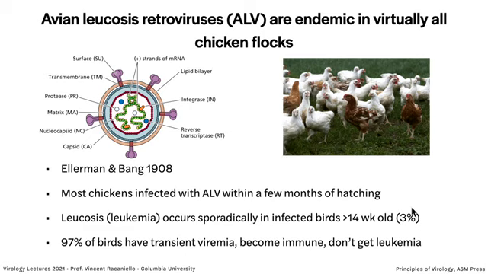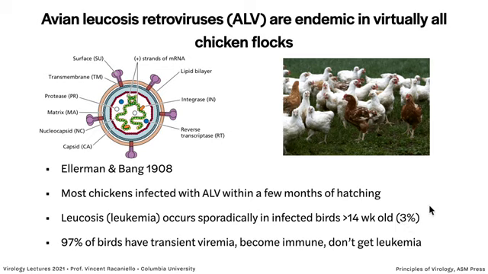But those that do, maybe the ones that lay eggs and so forth, you get about 3% of them getting leukemia. The rest, 97% of them, after infection, get a viremia, and it's eventually cleared, and they get immune to infection, so they don't get leukemia. There's no more virus in them. It's just the 3% or so that develop leukemia.